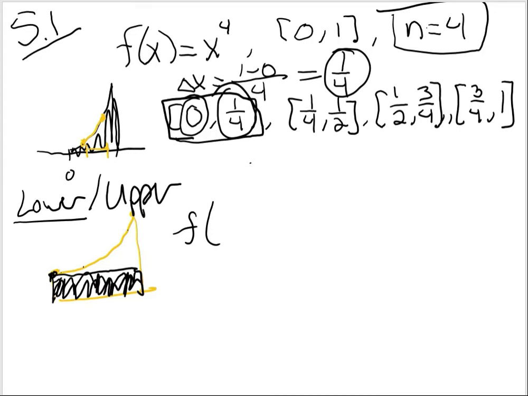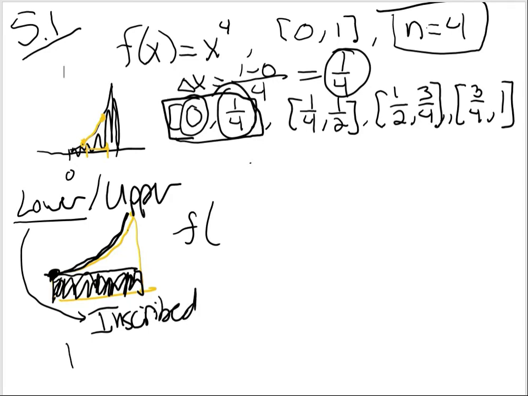So you could say, well, what distinguishes this bottom one from the other ones? Well, notice the y value. This y value is an absolute min for the function on this interval. So for the lower sum, or sometimes called inscribed sum, we want to use the absolute minimum value.